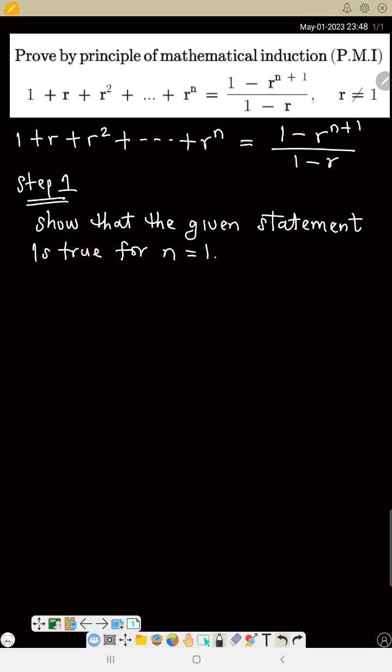Now, to show that the given statement is true for n equals to 1, take note of the series here. This one is A0 and this one is A1. So the first term is 1 plus r, because the first number you see here is when n is 0.